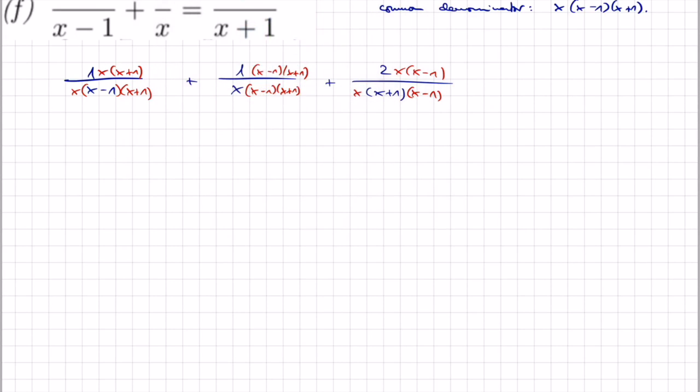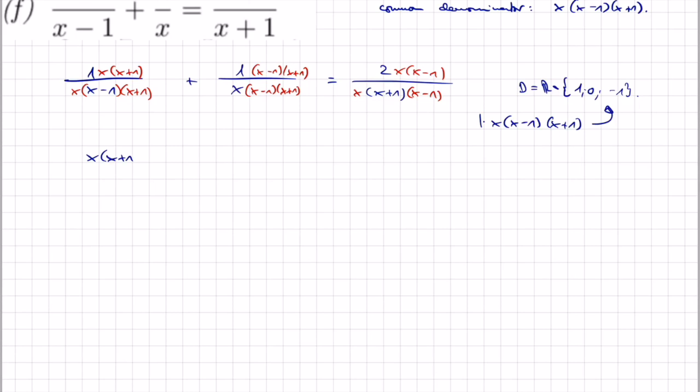And of course, the domain is anything that does not make the denominator 0, so we exclude the numbers 1, 0, and minus 1. So now we can safely multiply out this common denominator because we've made sure that it can never be 0 once we have excluded these three numbers.